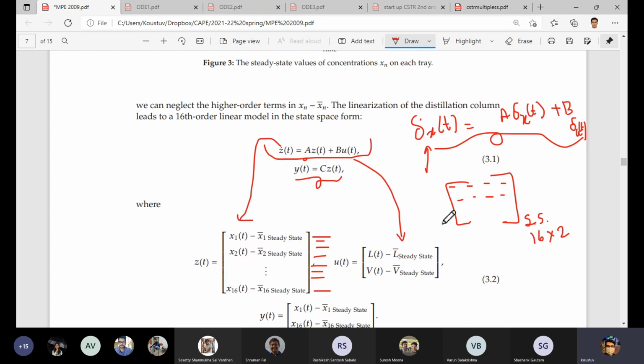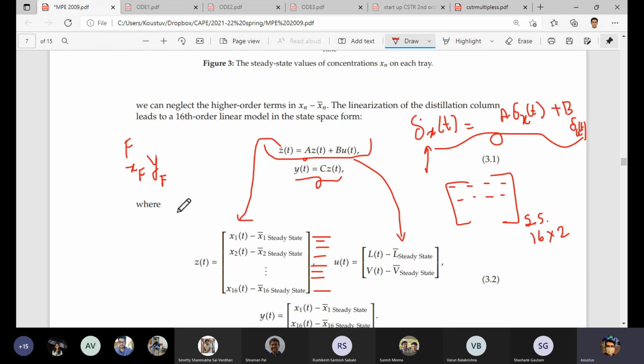If we want to control, some disturbance can occur. Now what are the sources of disturbance? It can be feed flow rate or feed composition. These are the major sources of disturbance introduced in the system.